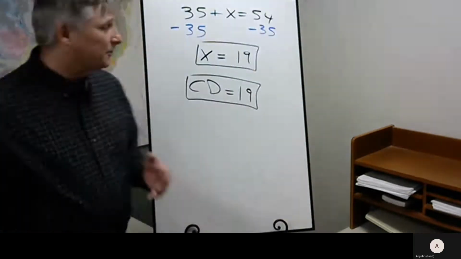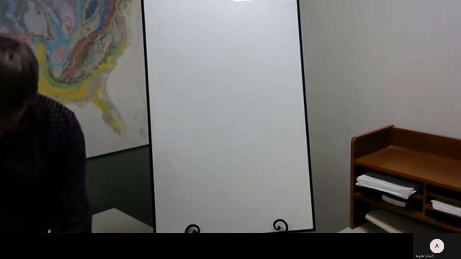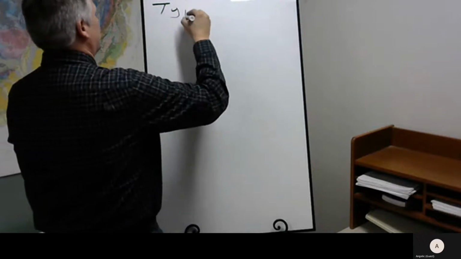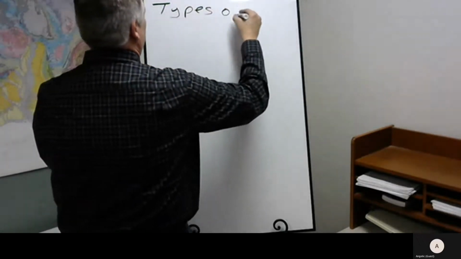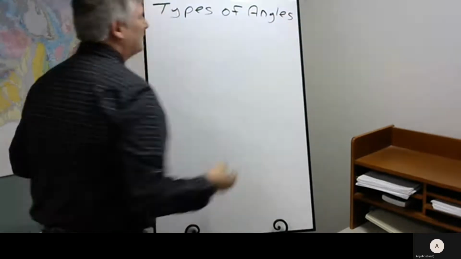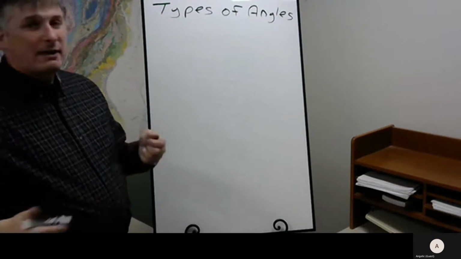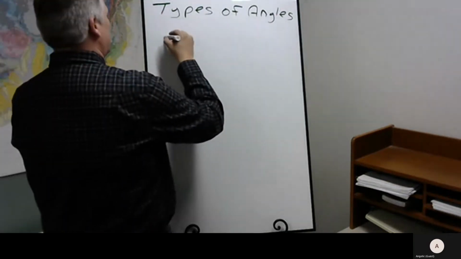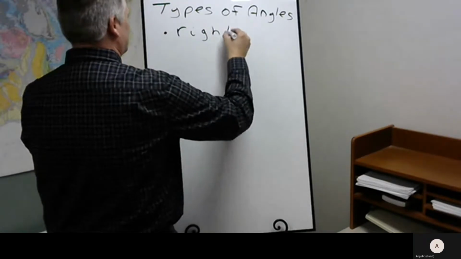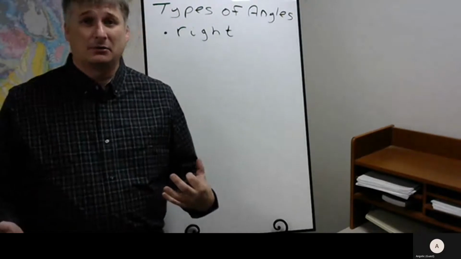So let's go back to angles. So types of angles. Well, we have what are called right angles. Now, these are angles that are said to have a measure of 90 degrees.